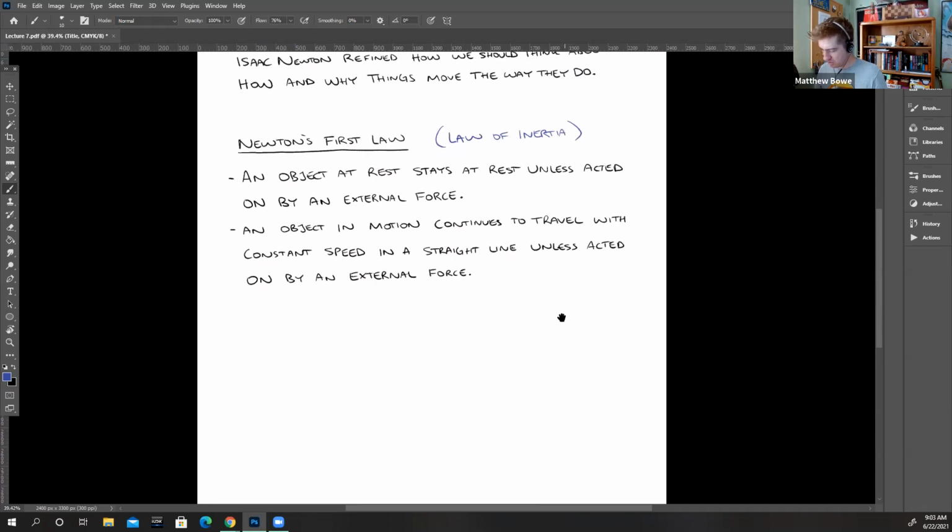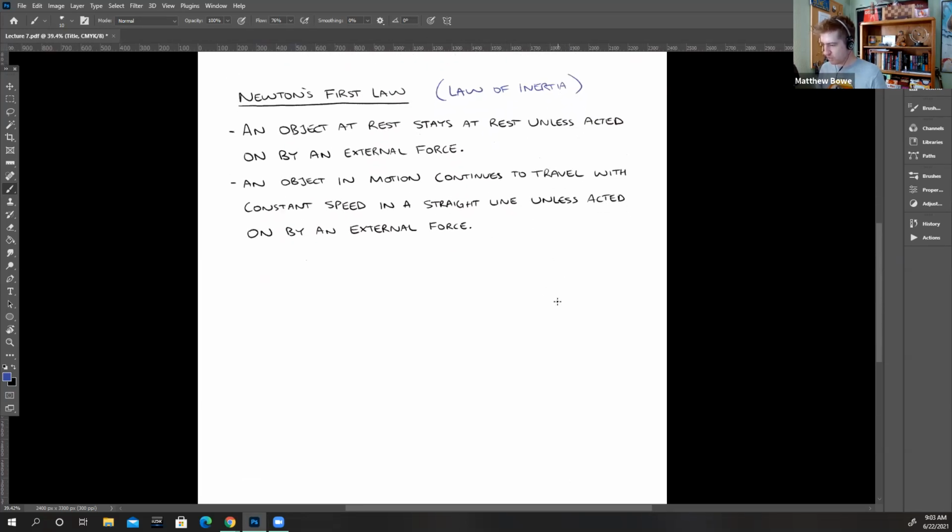So in order for Newton to make sense of this thing he's declaring, his first law, he has to develop a proper frame of reference. If I give something a push and I am also moving, how am I going to describe this?